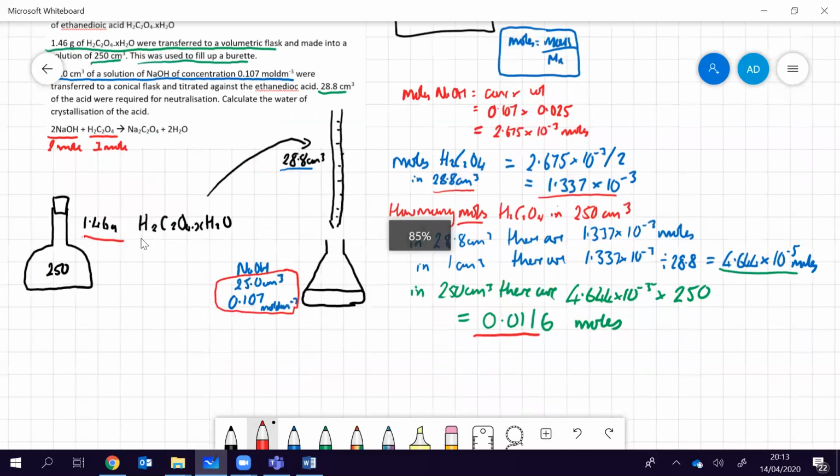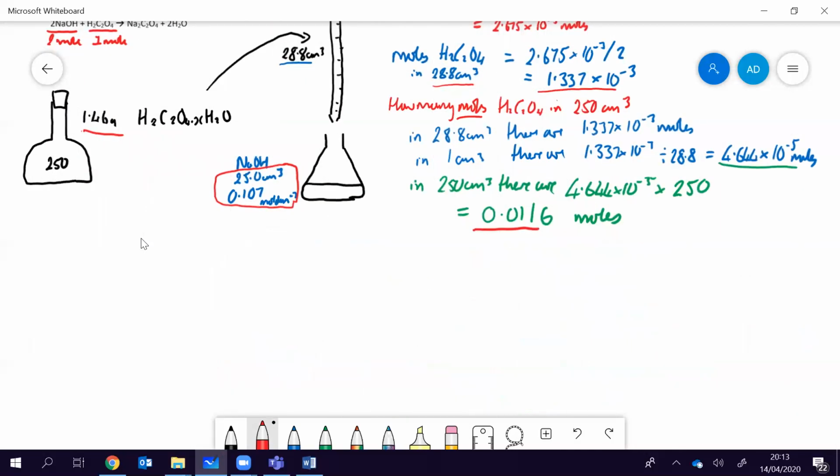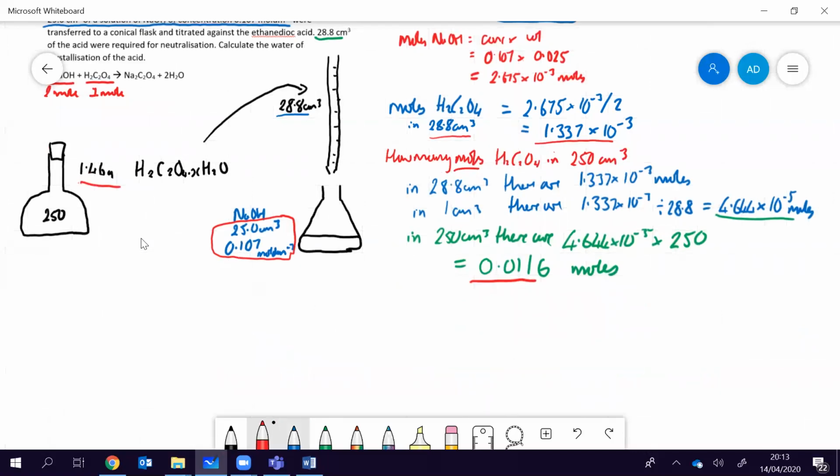Okay, so now let's write down. Right, MR is equal to mass over moles, isn't it? If you do a rearrangement. So the MR of the H2C2O4.XH2O is equal to the mass in 250 divided by the moles in 250. And we've got the numbers there.